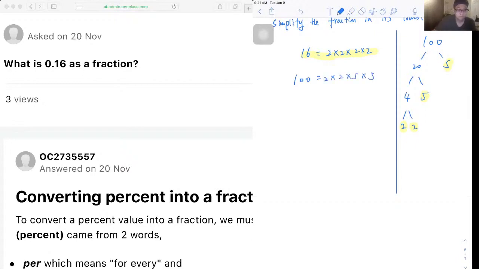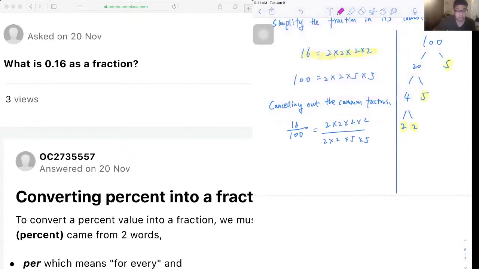Okay, so our next step will be canceling out the common factors, which is 16 over 100. And we just copy down what we have earlier. So 2 times 2 times 2 times 2 over 2 times 2 times 5 times 5, right?